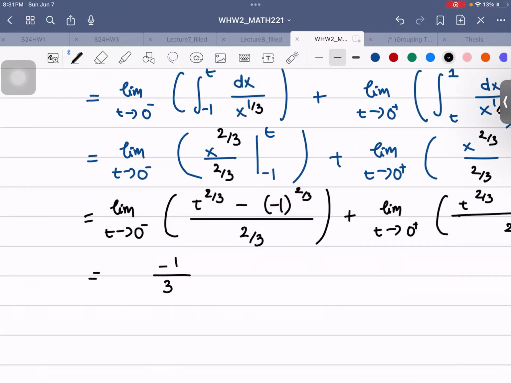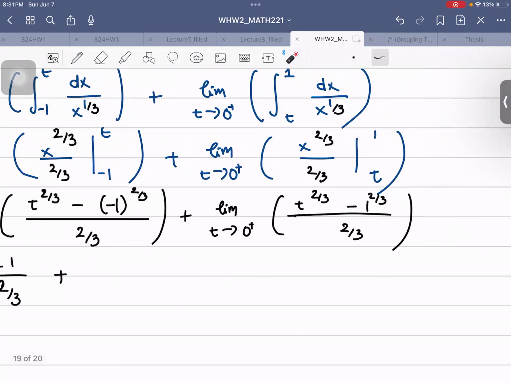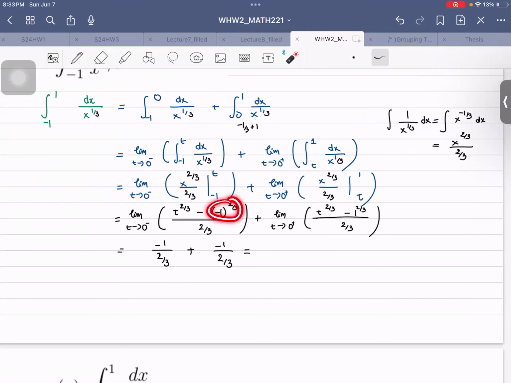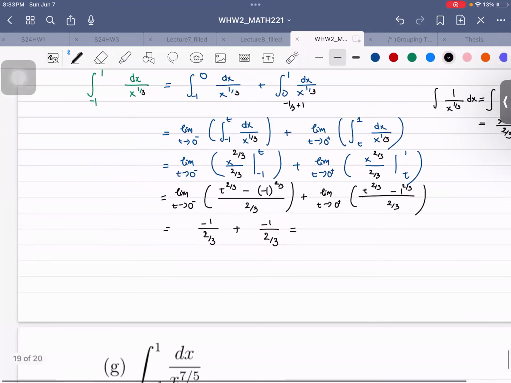plus this one is going to give you negative 1 over 2/3. Actually, if you want to evaluate this one, you can think of it this way.